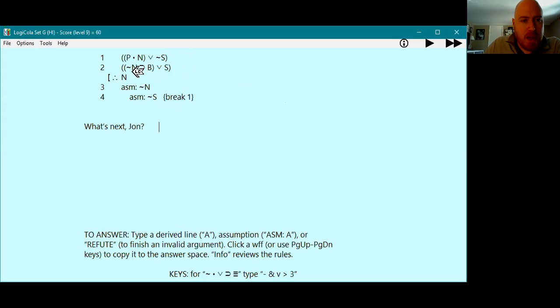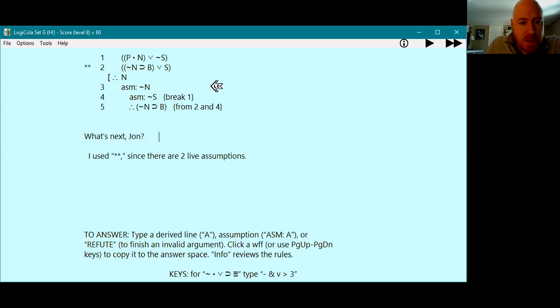All right, so if not N, then B or S, and I am assuming that S is false, which means once again, it's either triangle or box, and I've got not box, so I can bring down triangle, thinking of a conditional here.